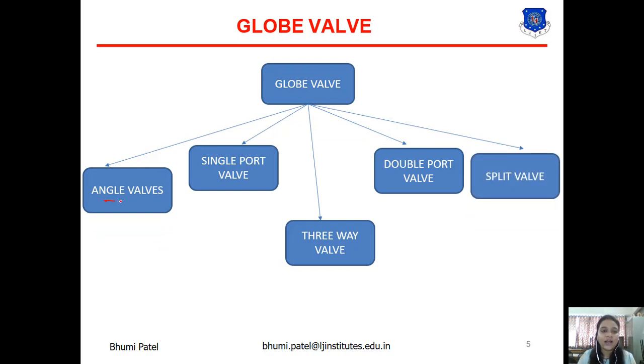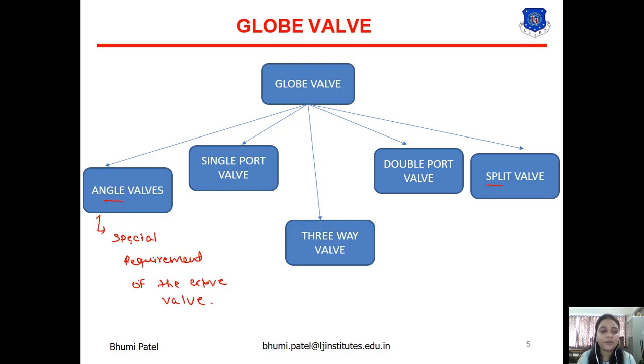The angle valve and the split valve are generally used for special requirements of the globe valve, depending upon which type of system is used and which type of instrument we can use for the particular system.